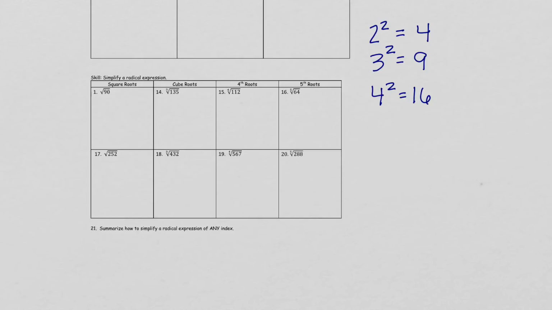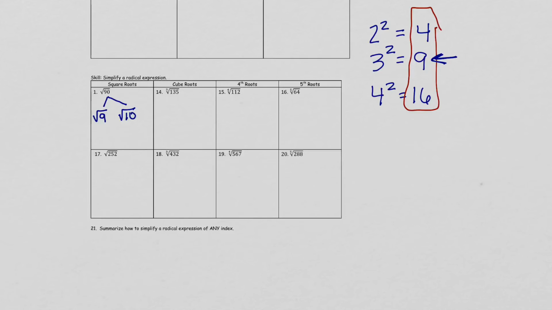And so what I want to do is look at a number that is in my category of perfect squares, but is also a factor of 90, because that's the number I'm working with. So if I think about it, I can see right away that 9 is a factor of that. So I know that I can break up my square root of 90 into 2 factors, square root of 9 and square root of 10.